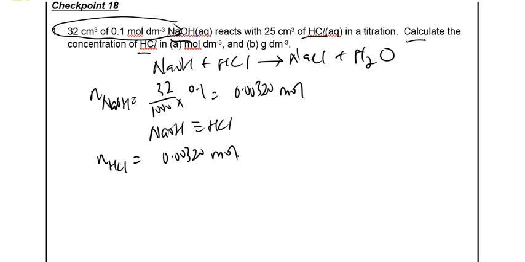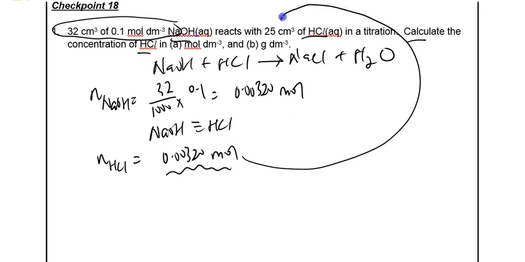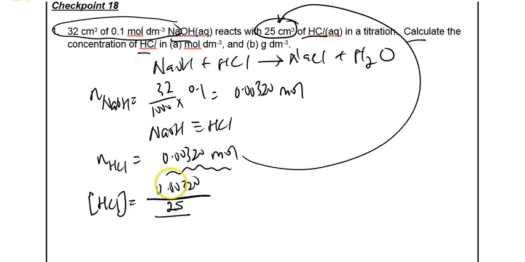Okay, so this number of moles of HCl was found in 25 cm cube of solution. So which means that my concentration of HCl is simply number of moles divided by the volume of the solution, which is 25, and I will get 0.128 moles per dm cube.